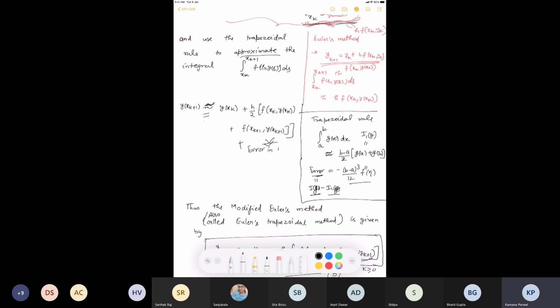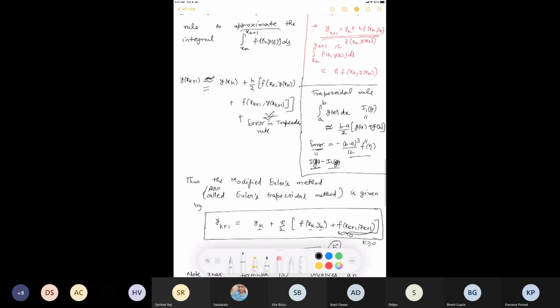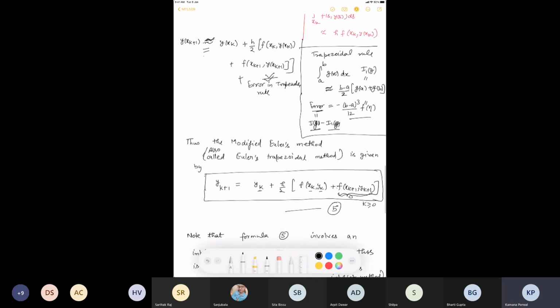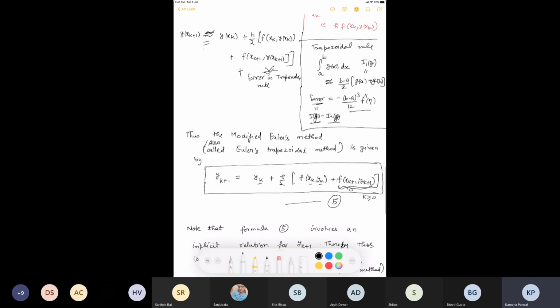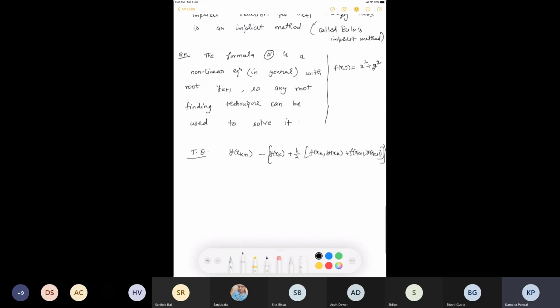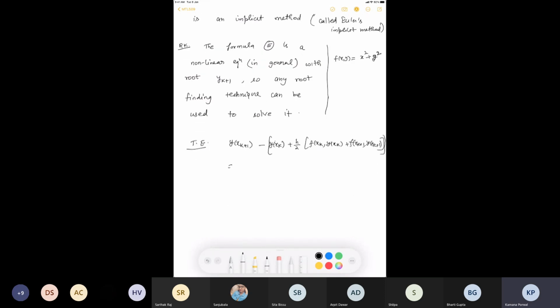Error in trapezoidal rule. Right? So when you have the equality, this means that yk plus 1 minus yk minus h by 2 of this complete term is just the error in the trapezoidal rule. So this means the truncation error here is just the error which you will have in the trapezoidal rule.